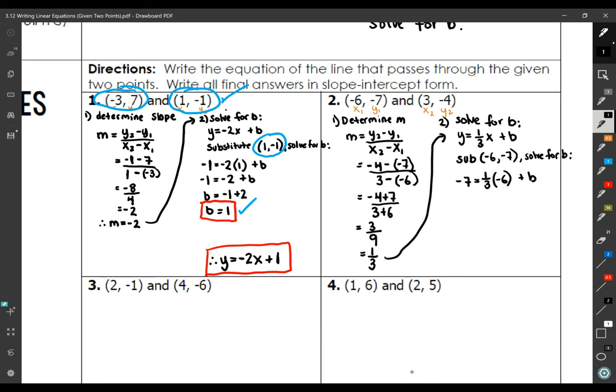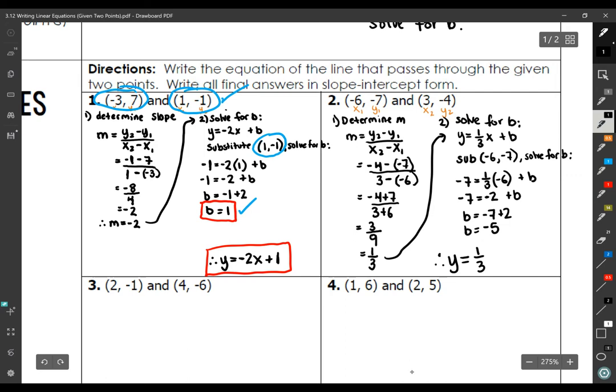Okay, that becomes -7 equal to, this simplifies, right? 1/3 times -6 simplifies to -2 plus b. Then we get b is equal to -7 plus 2. b is -5. All right, so therefore, our final equation is y equals 1/3x minus 5.